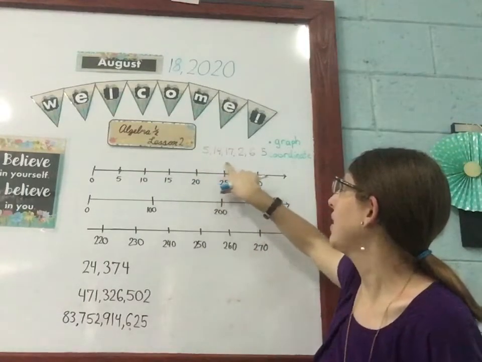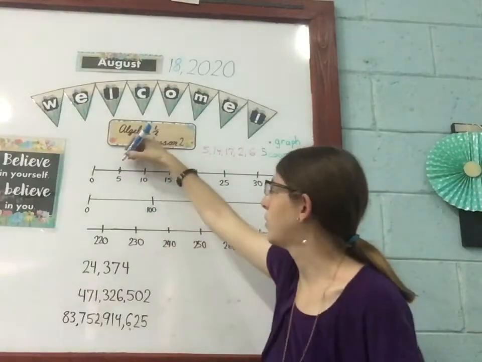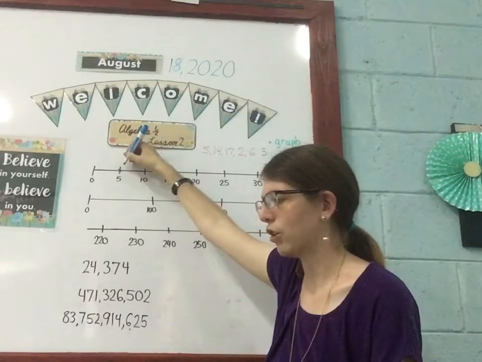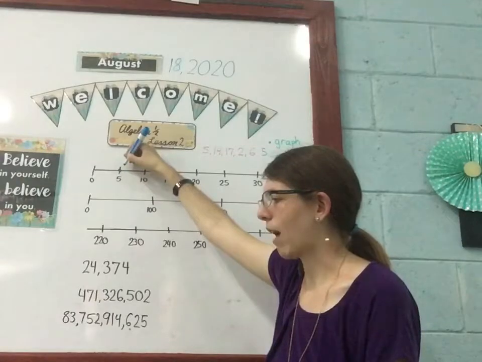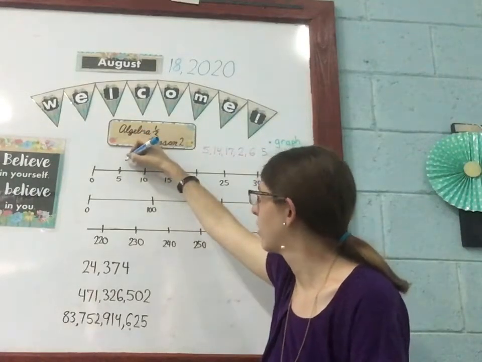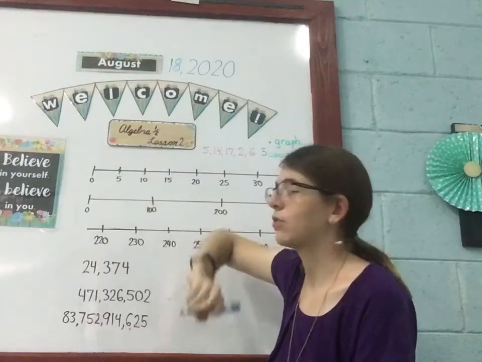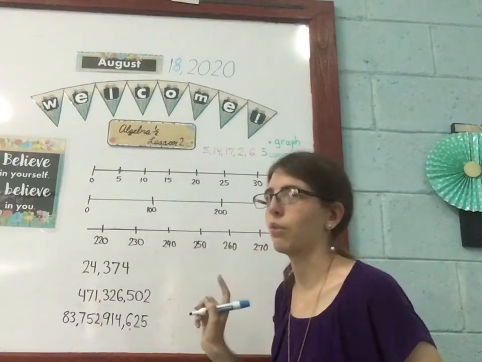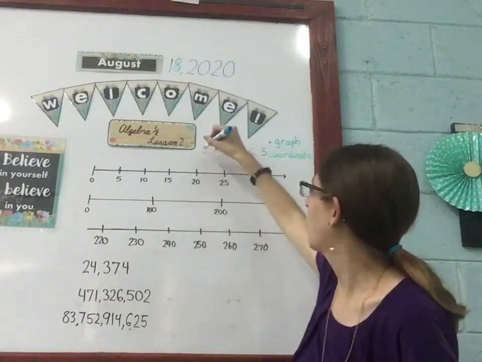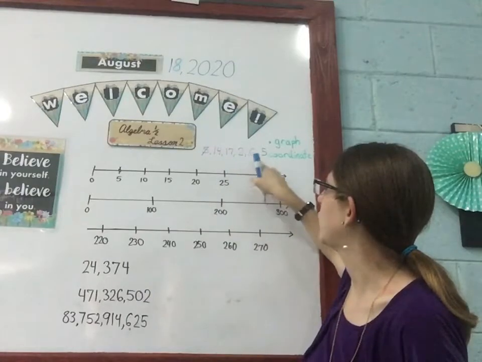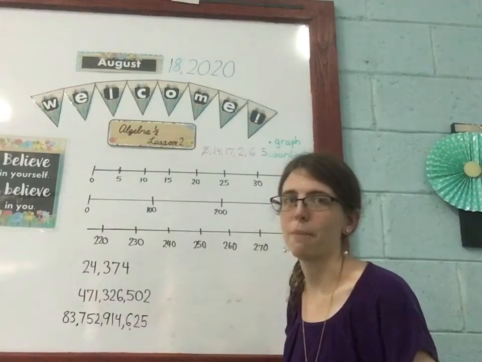We're going to put all these numbers in order on the number line. So here I have 5 in order where it should be. Now I want to graph. I've got 5. I don't need to put a number there because it's right on that tick mark, so I know it goes with 5. Now, I also want to put 14, 17, 2, and 6 in their order on the number line.